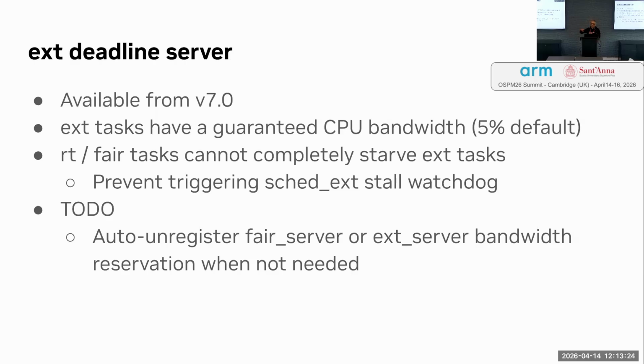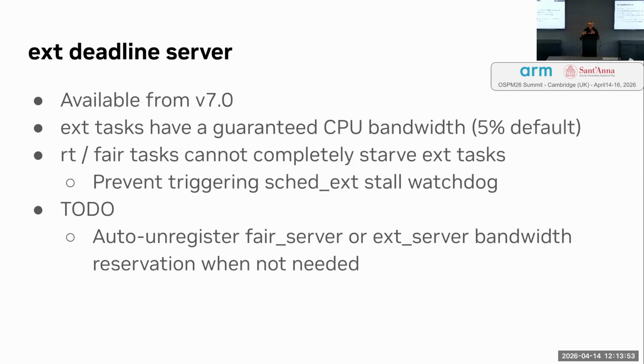So if you have a CPU with a FAIR task running and an EXT task running at the same time, the EXT task will still get a minimum amount of CPU bandwidth, which is 5% by default. And you may wonder, how is it possible to have FAIR and EXT running at the same time if by default, when you load the scheduler, all the tasks are moved into EXT?